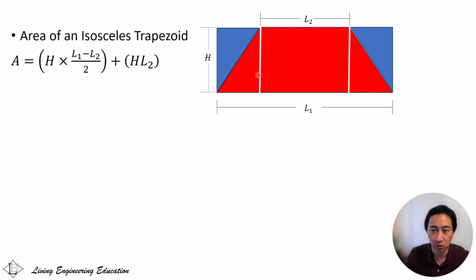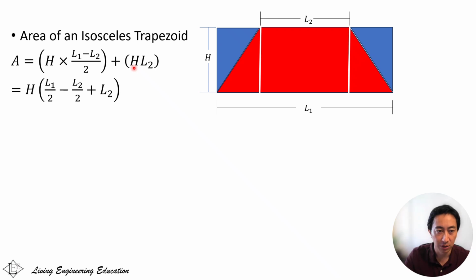But because I have two of these triangles that are equal, I'll just say h times (L1 minus L2) over 2. Then we need to add this rectangle here, the height h times this length, which is L2. It's already given to us. So if I clean this equation up a little bit, I get the height times (L1 over 2 minus L2 over 2 plus L2).